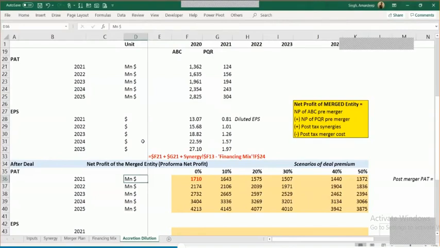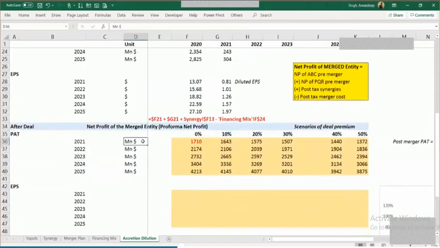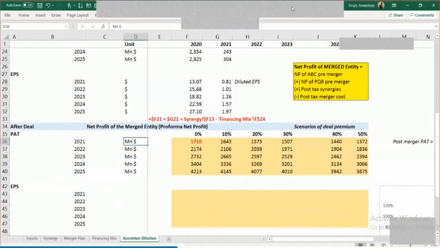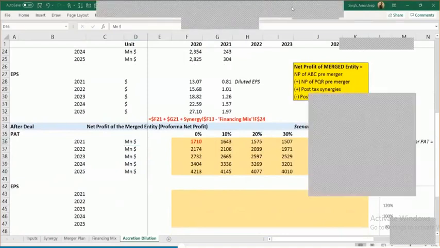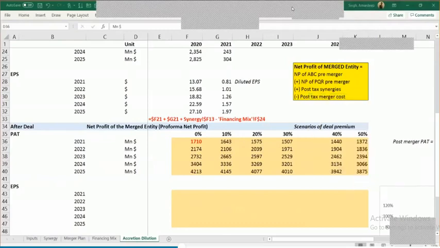Right? Does that make sense? So take a minute to do it. I don't mean to increase the speed just to finish this off.